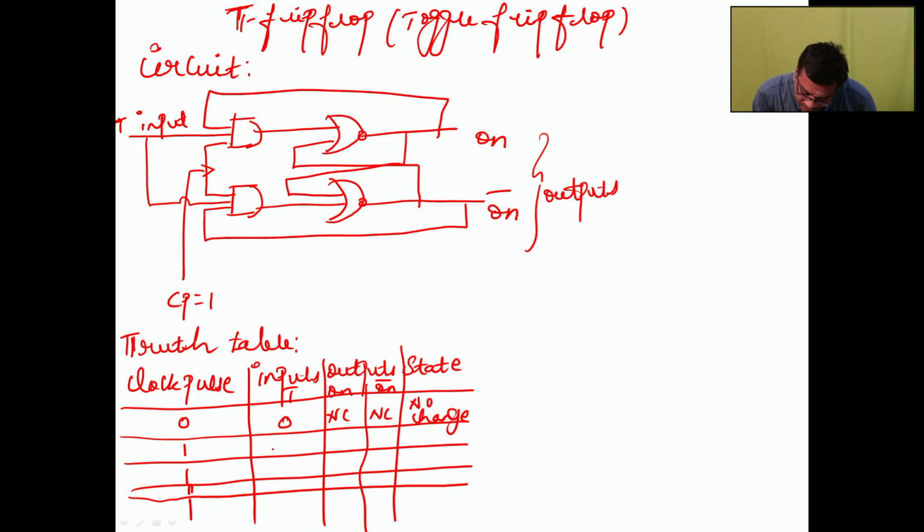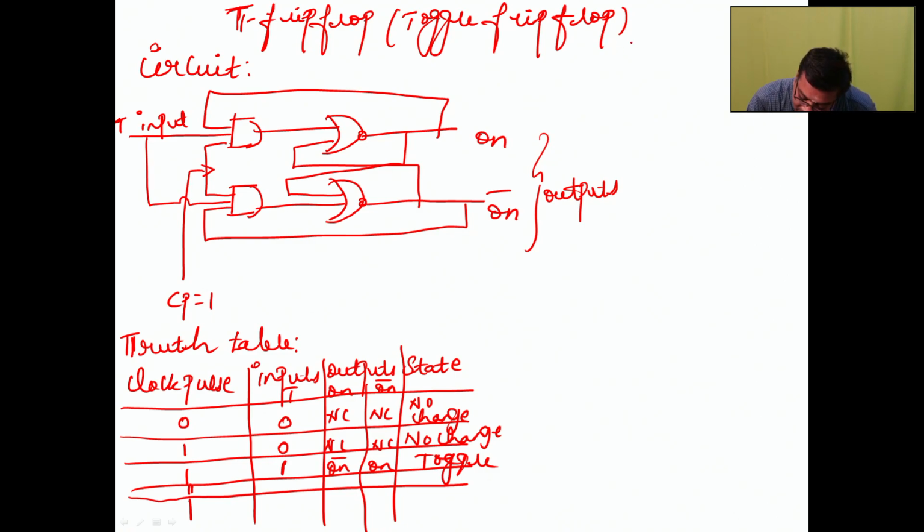When the clock pulse is 1 and the input is 0, automatically here also we will get no change. No change is the condition we will get here. When the clock pulse is 1, while you are giving the input 1, we will get Qn bar and Qn as a toggle. So only 2 inputs we are going to apply for the circuit.